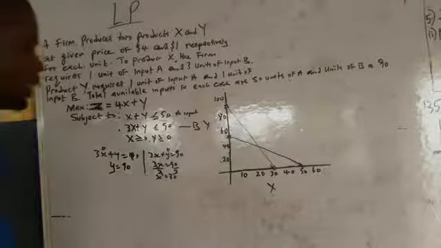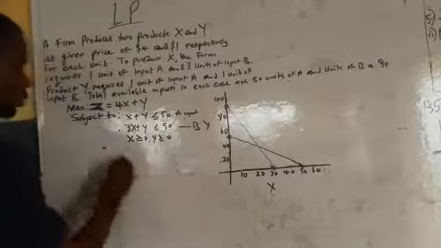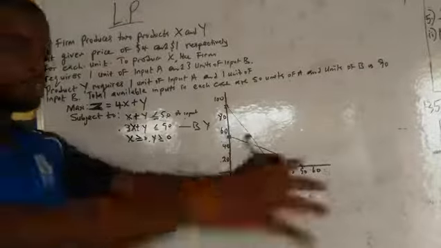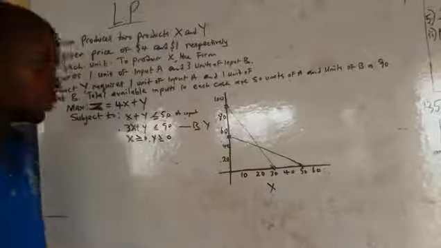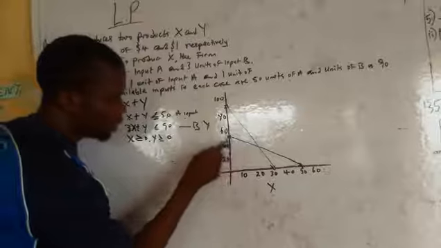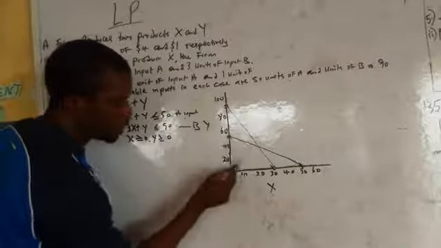Now, having understood this, the next thing for us to do is to get our principal region, the possible output we can produce. Look for the region from this point to the origin.